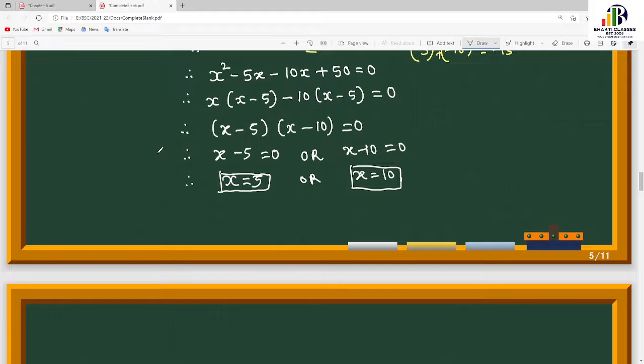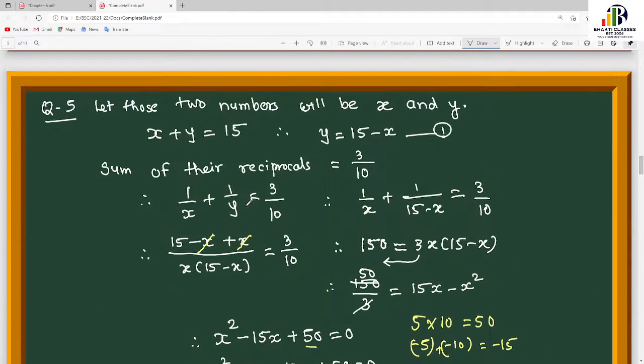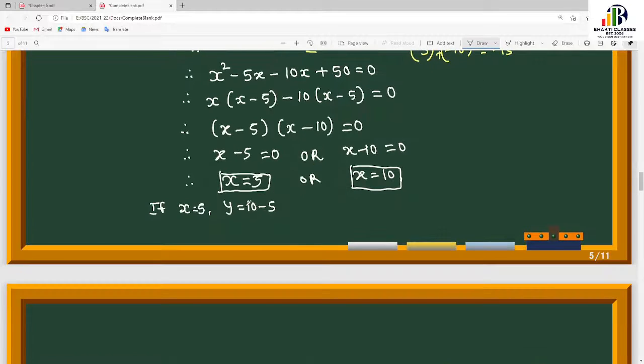So if x is equal to 5, at that time y is equal to 10 minus 5, sorry, not 10 minus 5, it is 15 minus 5. Y is equal to 15 minus 5, that is 10.